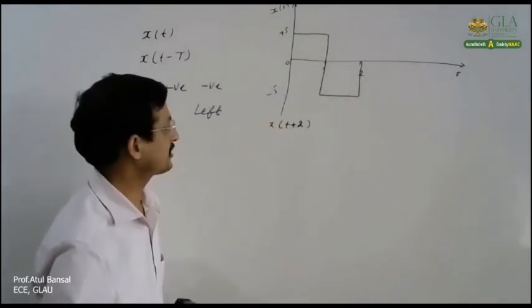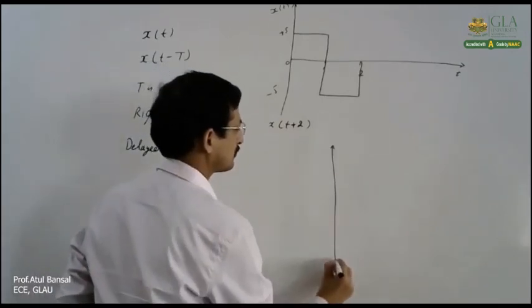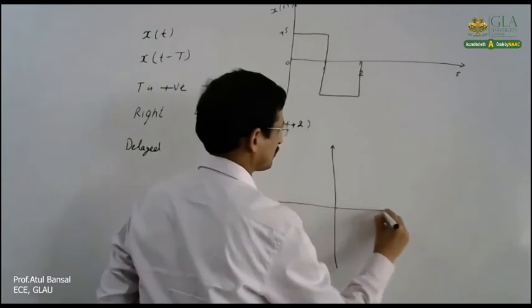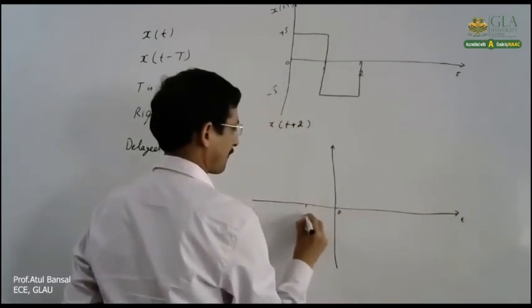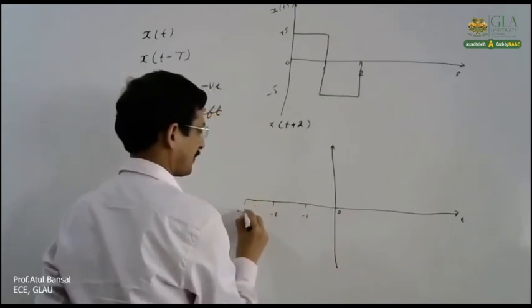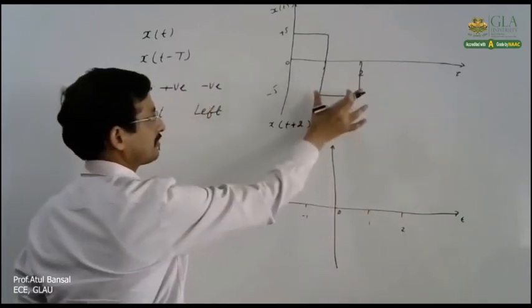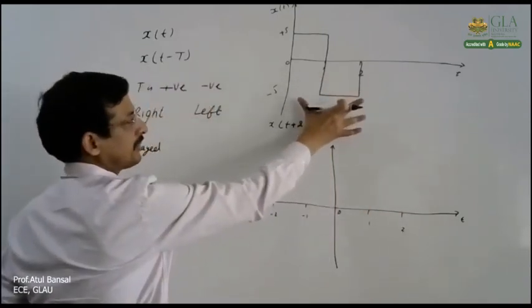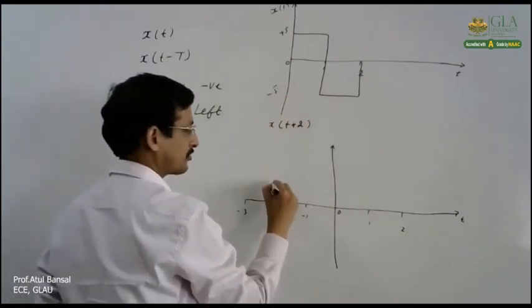So let us sketch now x of t plus 2. This pulse signal will shift by 2 units; this will start from now minus 2.